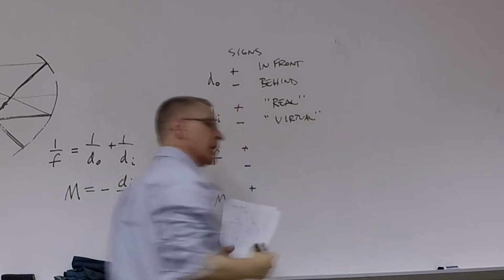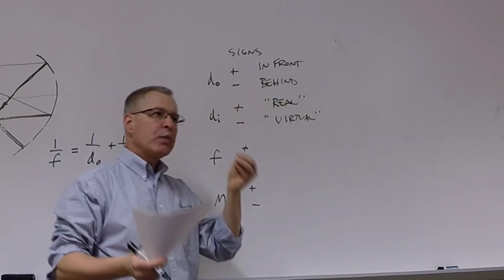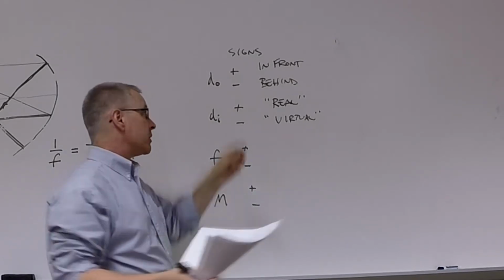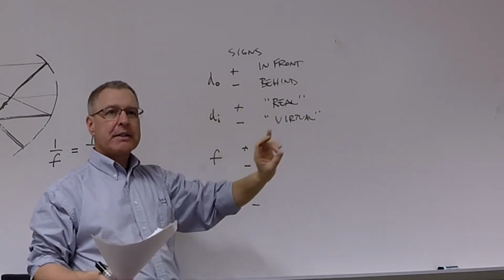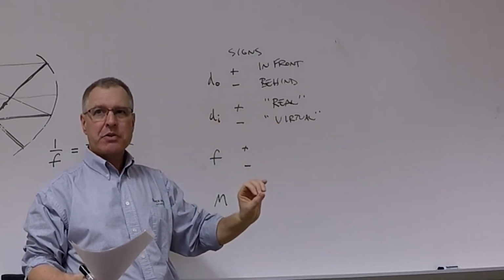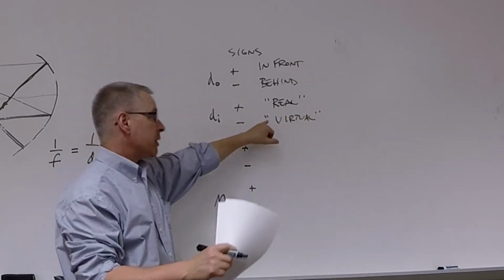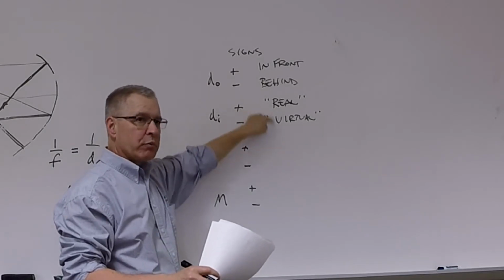What those mean, and you'll see that with your ray diagrams, if the actual reflected rays touch the image, that's a real image. If the actual reflected rays don't touch the image, that's where you had to do the extrapolation behind the mirror, that's called a virtual image. The positive and negative on our numbers are going to tell us whether it was real or virtual.